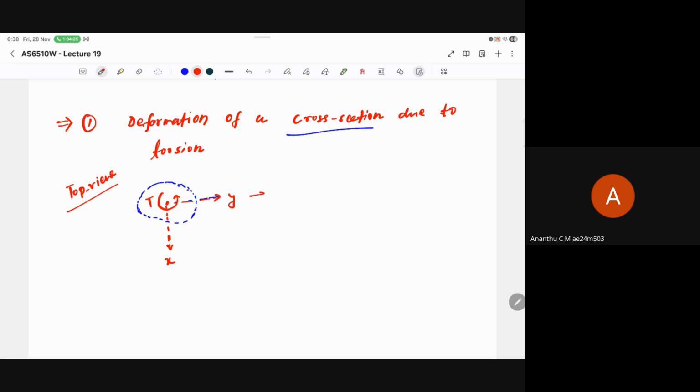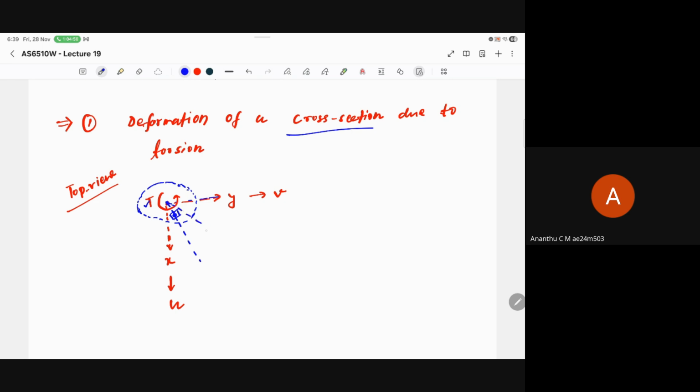In y direction you will have displacement v. In x direction you will have displacement u. Let us consider this particular position in the cross section. We can consider one element. When you apply this torque, this element is going to rotate, right?